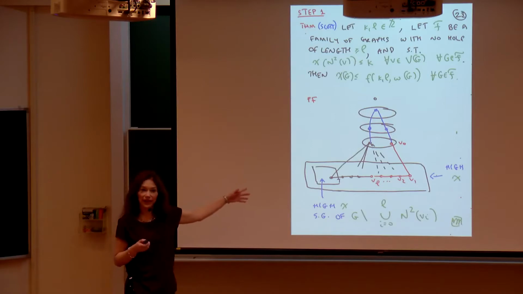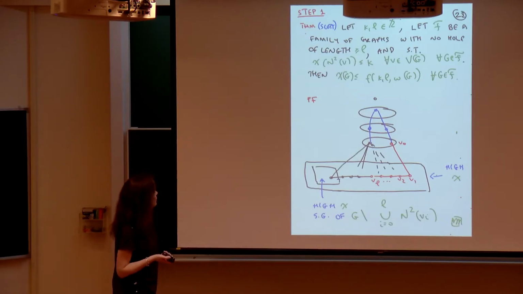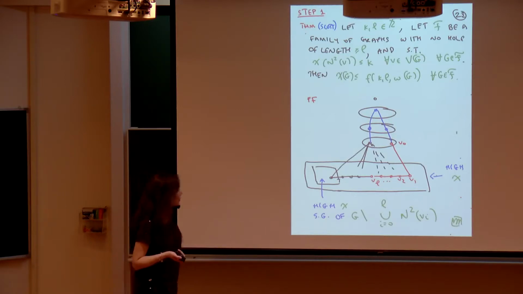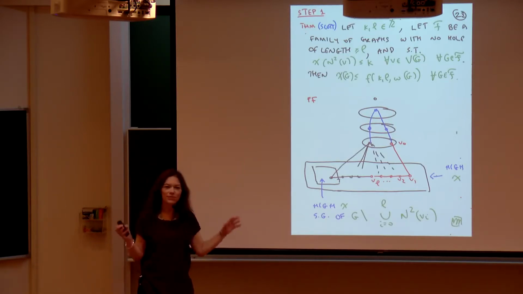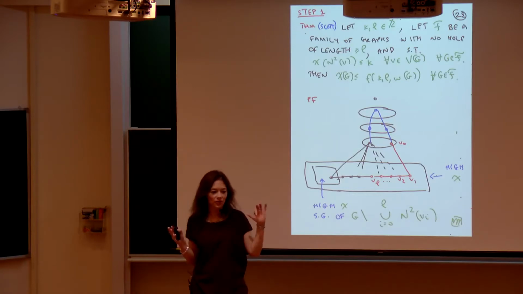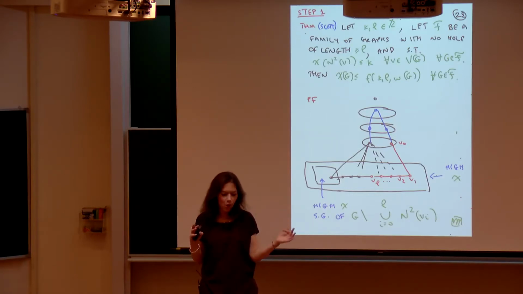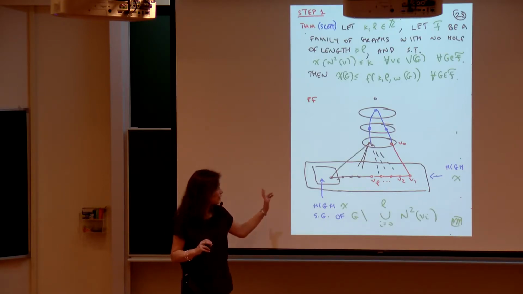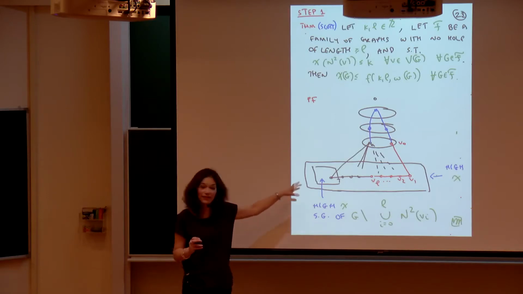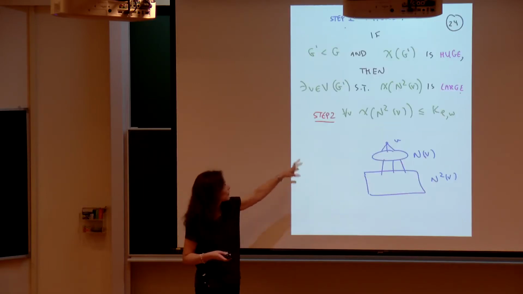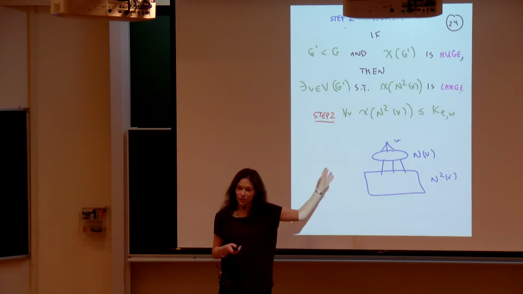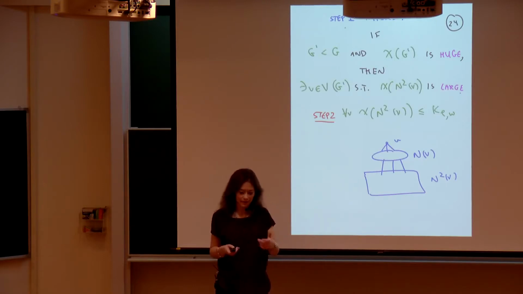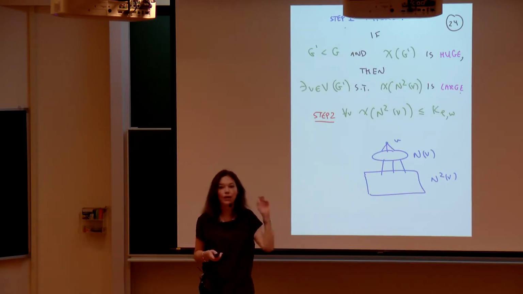So this step was fine. This step, well, depends a little bit on what I'm proving. There are two conjectures. There's a conjecture that excluding long holes gives you a chi-bounded class, and there's a conjecture that excluding long odd holes gives you a chi-bounded class. If you're doing just long holes, then this step still works, and you're going to get that every reduced subgraph with big chi has a vertex with large second neighborhood.